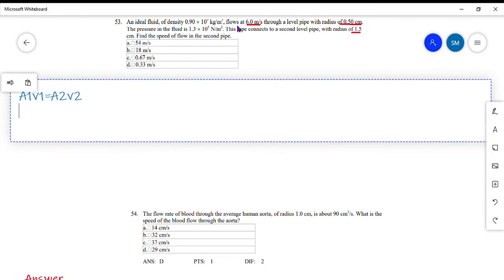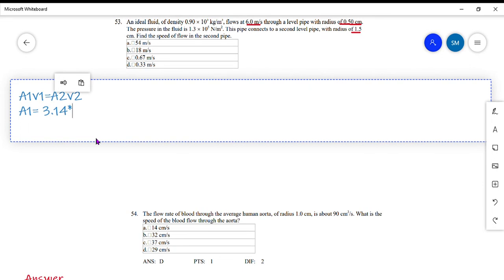We can calculate A1 from the radius of the first pipe and A2 from the radius of the second pipe, and he gave us V1 in the givens, which is 6 meters per second. So let us start with calculating A1. A1 is equal to the basic rule which we all know, pi r squared, 3.14 times, and let us convert the radius from centimeter to meter.